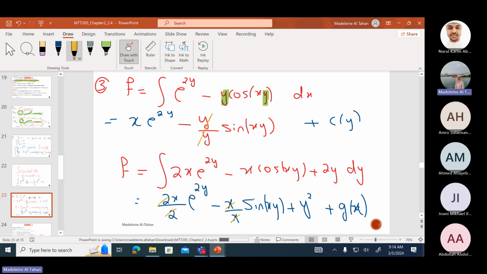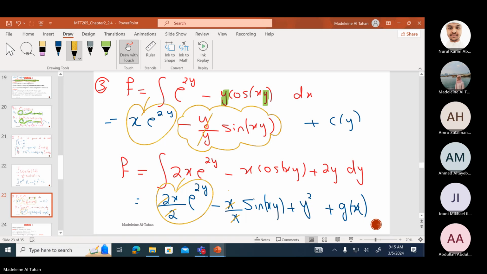We integrated, now we need to compare. What are the common things? What are the things that they are not? Let's look now at this one. Is it found here? Yes. Okay, so right. Let's look at this one. Is it found here? So we will write it.